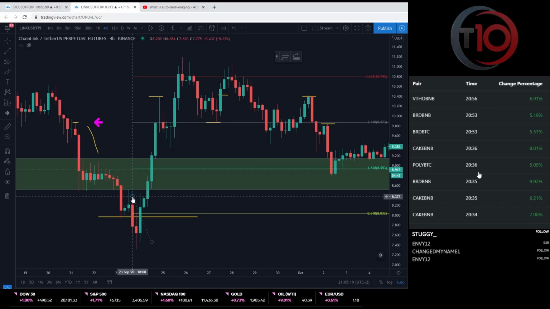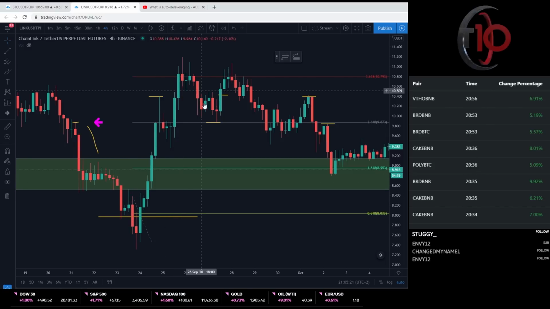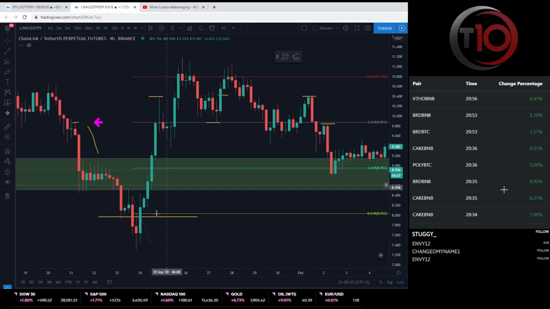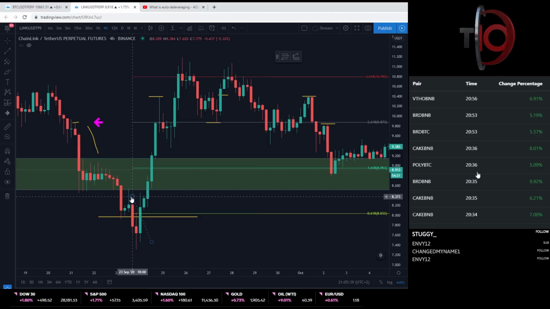I decided on this one because I liked the levels it gave much better. The point is that you choose the higher low after the low, and you choose the previous failure like this.